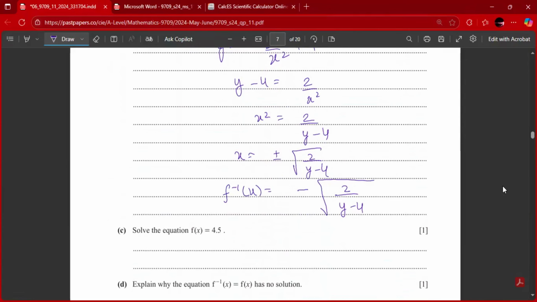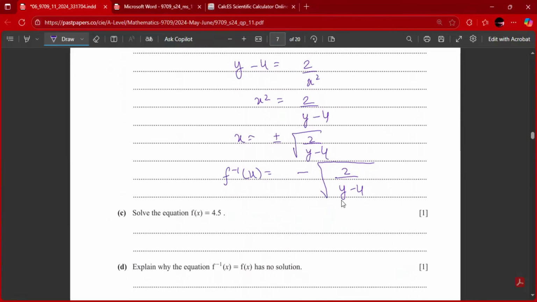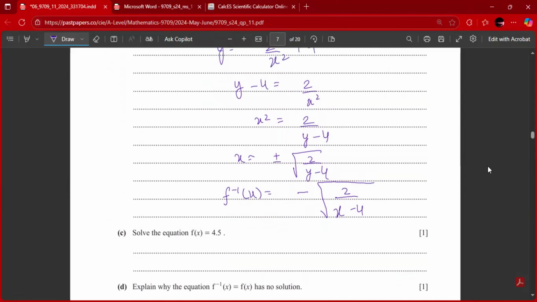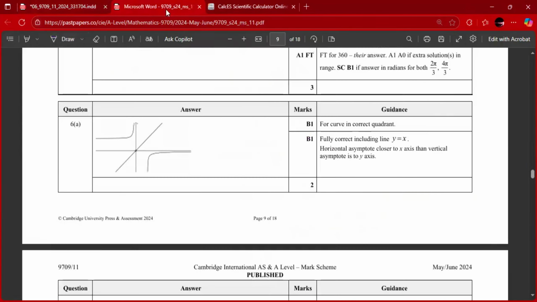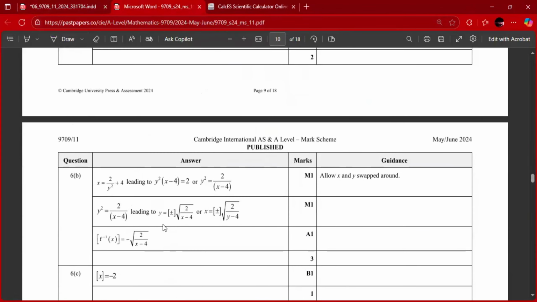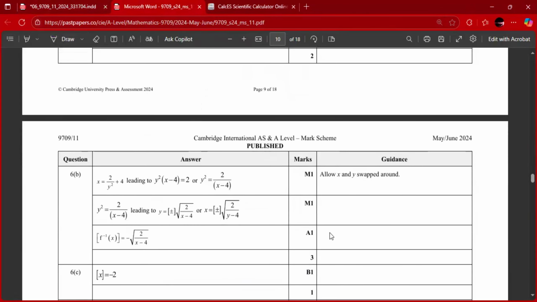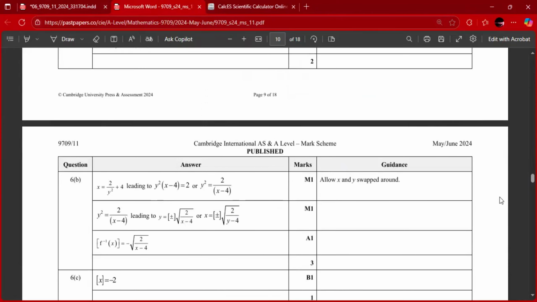Simple. I think it's clear. Let's check the answer. It's minus. We get 1 mark for writing this completely, because this thing just removes 1 mark.